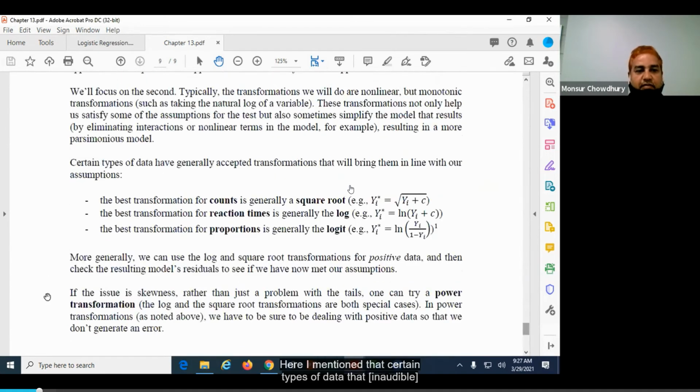Here I mentioned that certain types of data have generally accepted transformations that will bring them in line with our assumptions. If the data is count data, we use the square root. If the data is time, then we use the log. If we have categorical variables with 0 and 1, or proportions, then we use the logit.